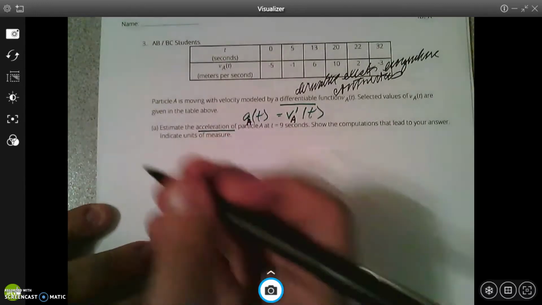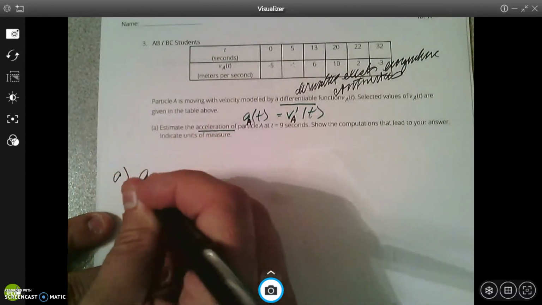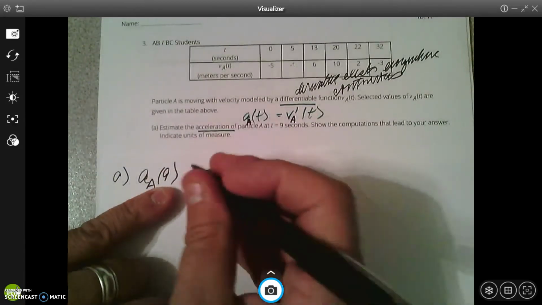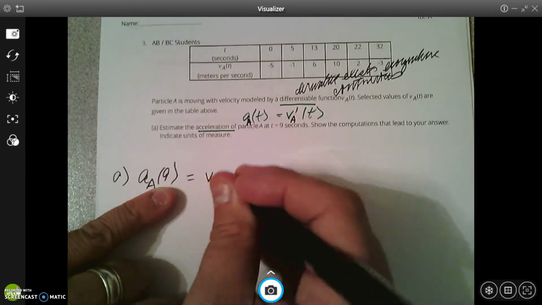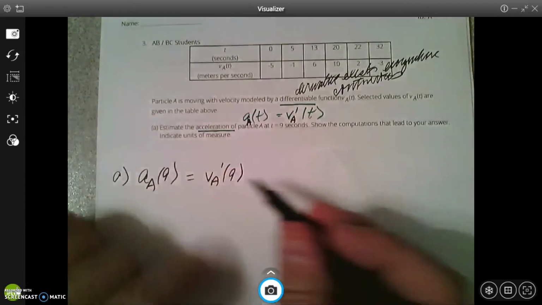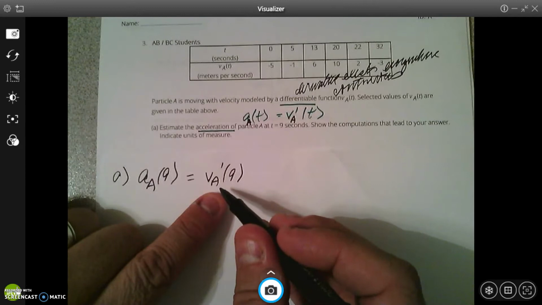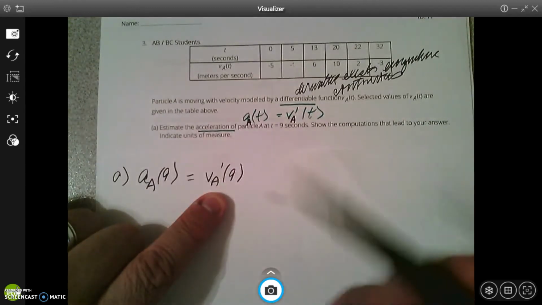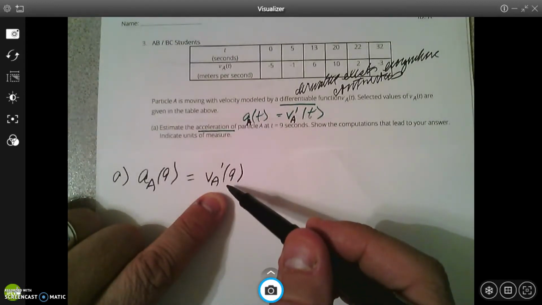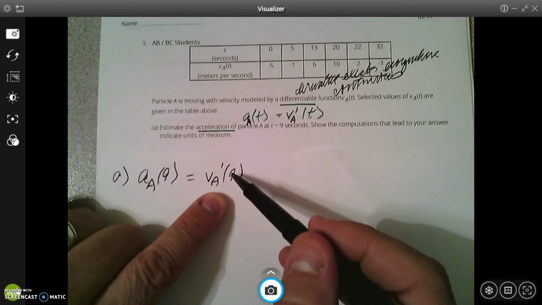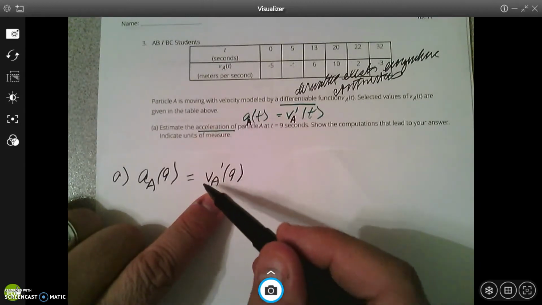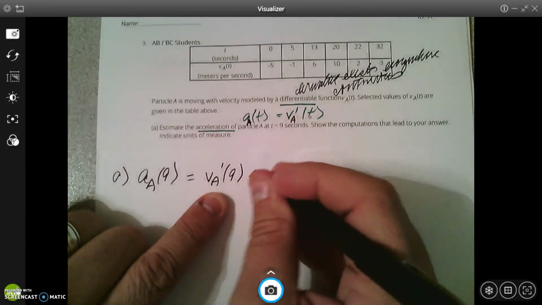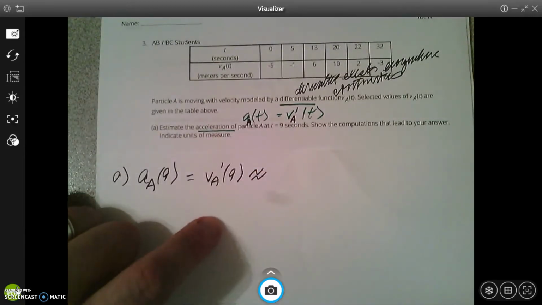Well, how on earth am I going to find the acceleration of particle A at time t equals 9? I know that that is the derivative of the velocity, but I don't have a function for the velocity. I don't have something that I can actually take a derivative of and evaluate at t equals 9. The key to this problem is realizing that they've asked you not to determine exactly what the derivative is equal to, but approximately what the derivative is equal to.